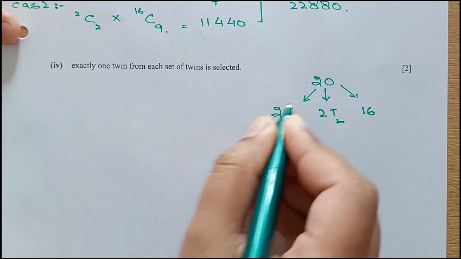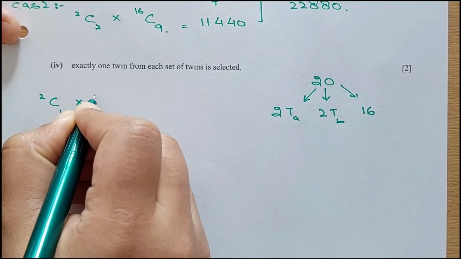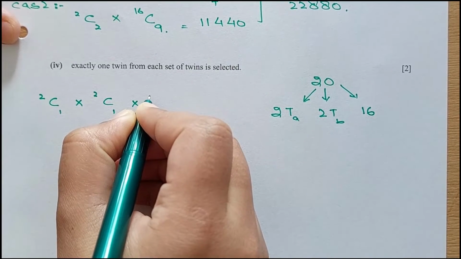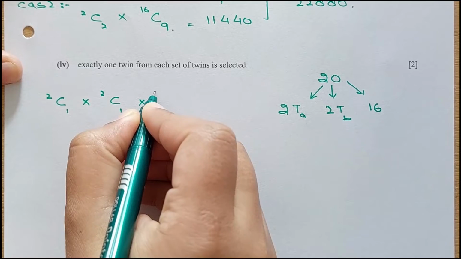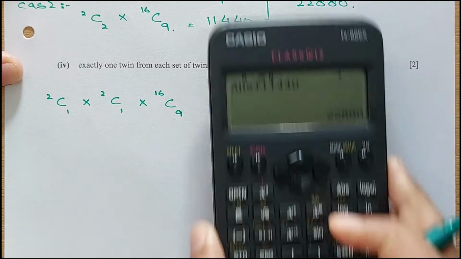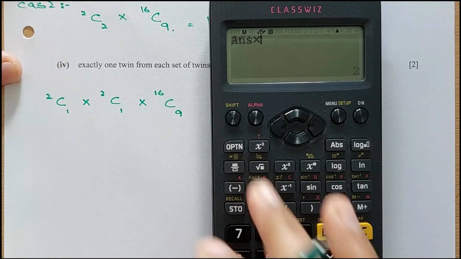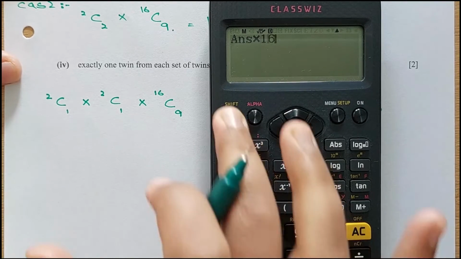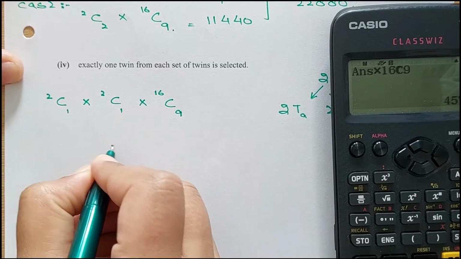That means from the first set of twins, from 2 we have to select one twin, times from the other set we have to select one twin, times the remaining. From 16 we have to select 9, because the total we have to make is 11, right? So 2C1 times 2C1 times 16C9. This is 45760.